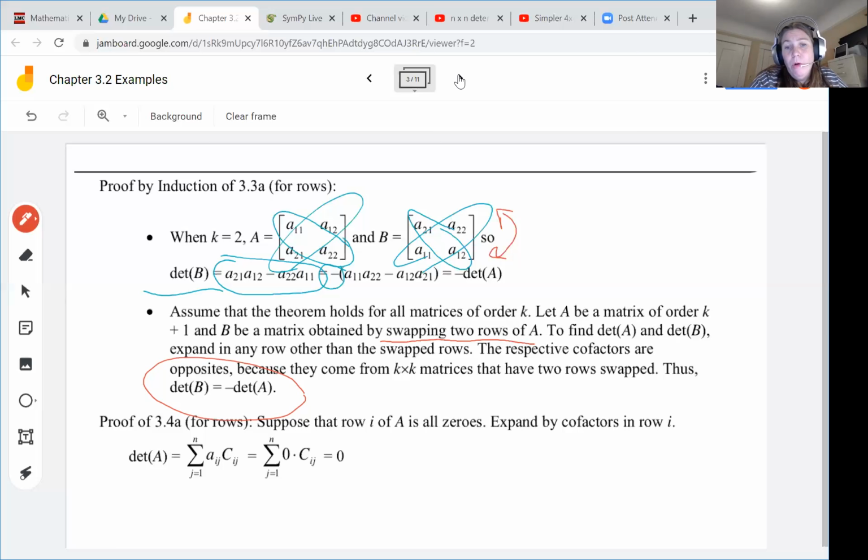So suppose that row i of matrix A is all zeros, then if we expand along that row, the determinant of A equals a_ij, the coefficients, times the cofactors, and those a_ij's are all zeros, so that's just going to make 0 times all of our cofactors equals 0.